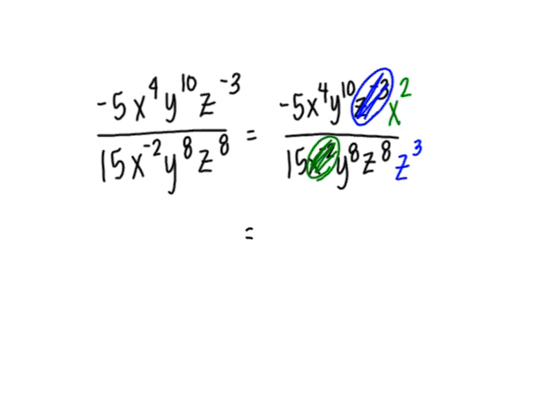I start out by saying negative 5 over 15, and that's going to reduce down. Reducing by 5, 5 goes into negative 5 negative 1 time, and 5 goes into 15 3 times. So it leaves you with a negative 1 over 3. If you look at your x's, you'll see that your x's are on the same side.